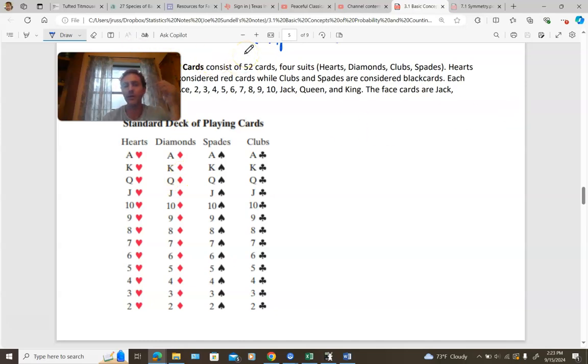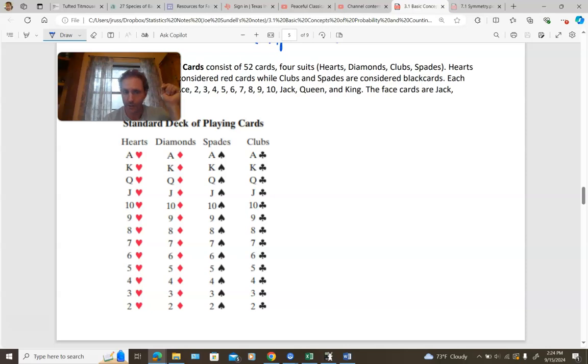Standard deck of cards, there are 52 cards, okay? There are 4 suits, and they're going to be hearts, diamonds, clubs, and spades. In fact, if you look right here, each of these columns is a suit. Hearts and diamonds are going to be your red cards, and the clubs and spades are going to be your black cards.